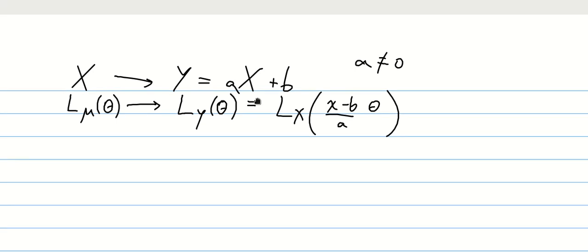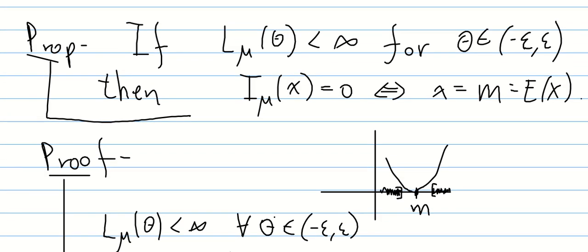So in essence, let's go back here and observe that if you subtract a constant m from x, we still don't change this by adding a constant. And now the fact that the rate function is 0 if and only if x is m is going to translate to the 0 point now.